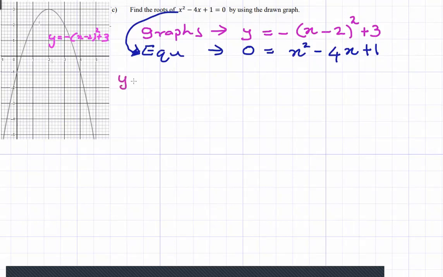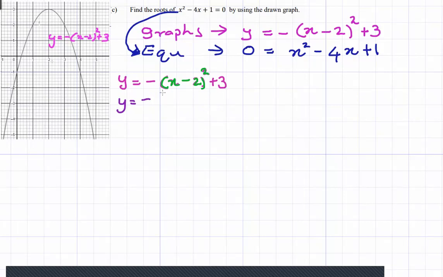So y equals minus x minus 2 whole thing squared plus 3. The same thing can also be written as what? Y equals minus. What does x minus 2 squared mean?